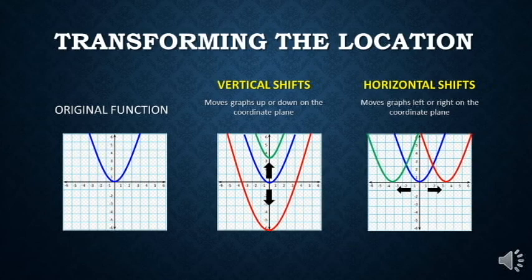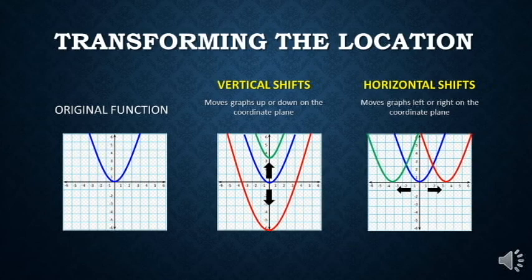Let's look at transforming the location. By transforming the location, we simply are just going to move the graph on the coordinate plane. Look at the first picture. We have our original function, which is just the blue curve. Now look at the second picture.